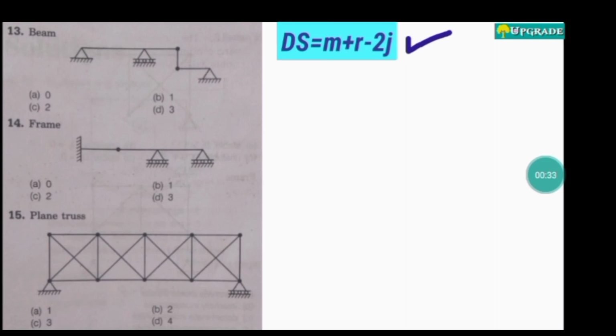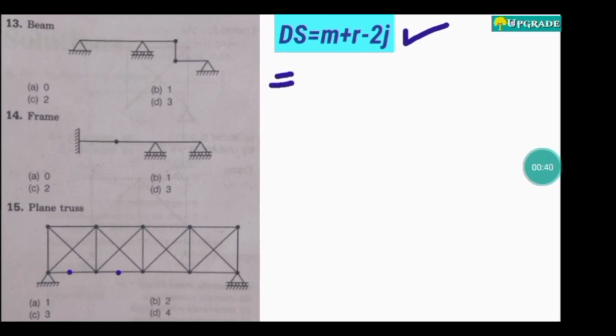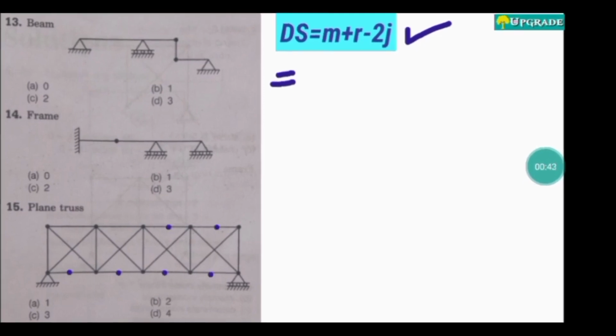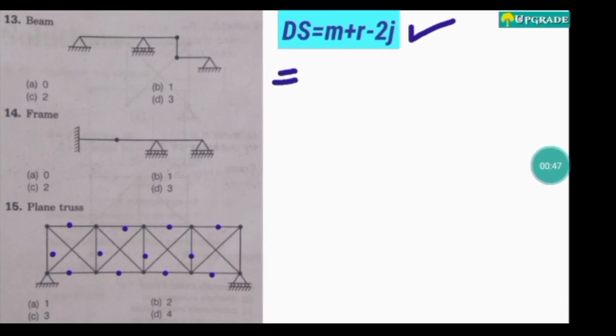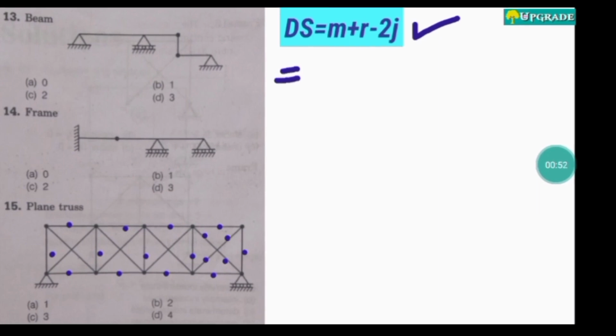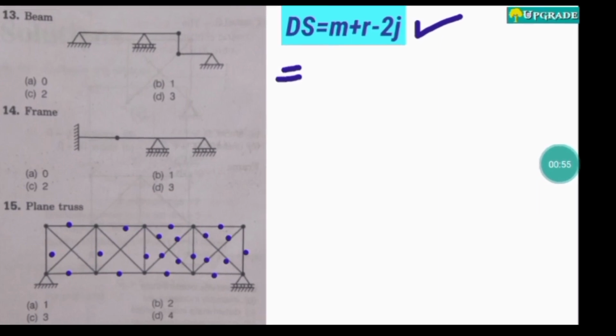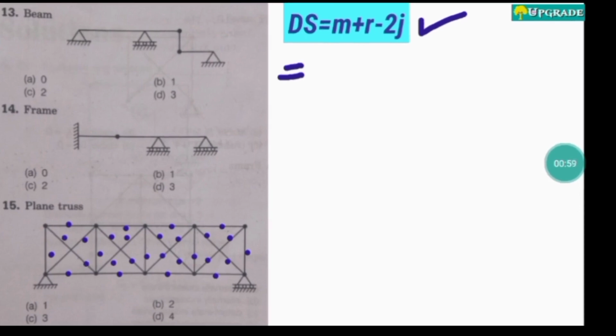Move to question number 15. Put the values. m is members, so count the members in the figure: 1, 2, 3, 4, 5, 6, 7, 8, 9, 10, 11, 12, 13, 14, 15, 16, 17, 18, 19, 20, 21, 22, 23, 24, 25, 26, 27, 28, 29.